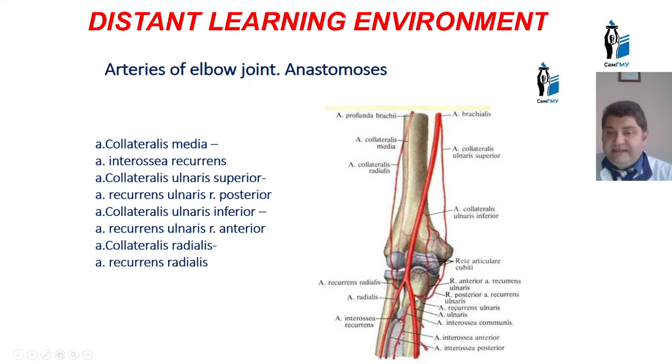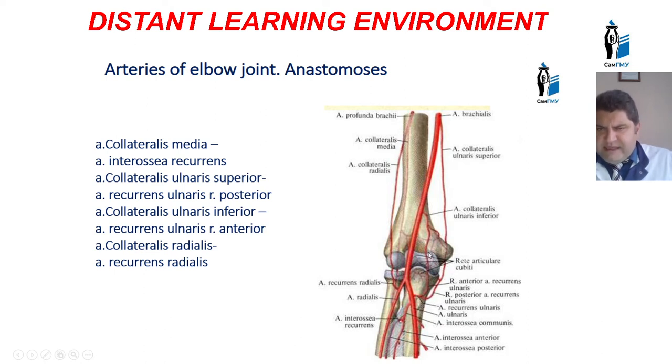You may see on this picture that the ulnar artery gives a branch called arteria recurrens ulnaris. Recurrent is like return in Latin. So you may see that the recurrent artery divides into two main branches, anterior recurrent ramus and posterior recurrent ramus.